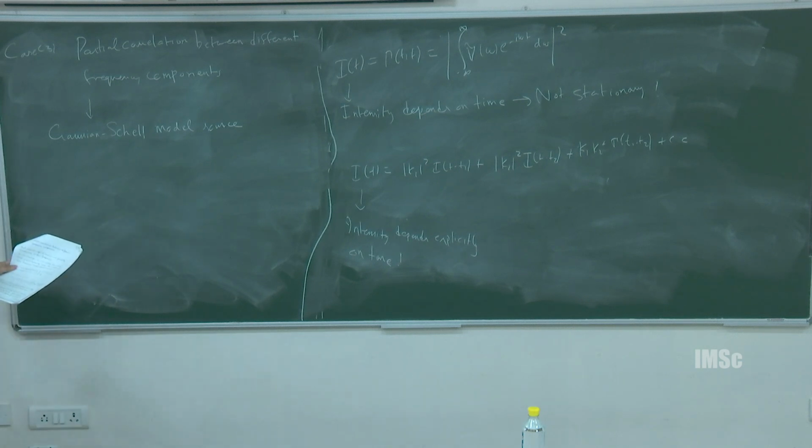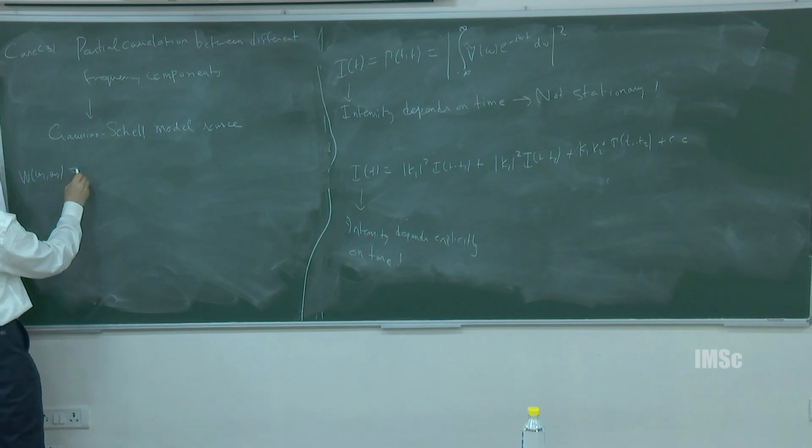But this is how the cross-spectral density looks for a Gaussian shell model source.